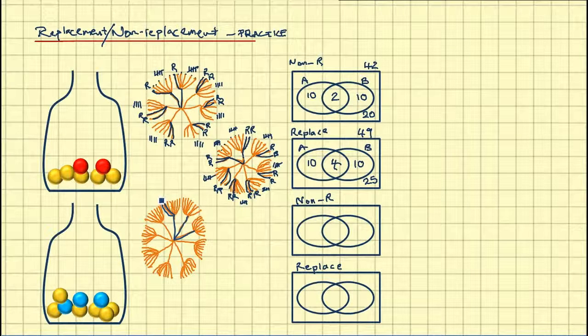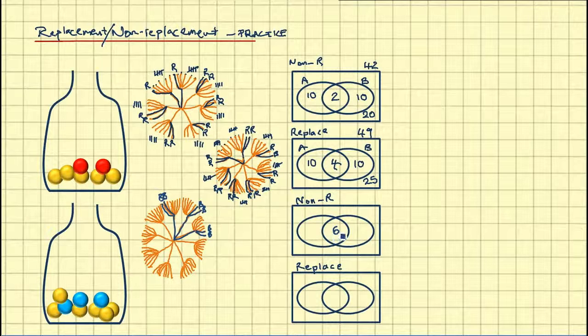So where we've got a favourable outcome, blue, blue, then 2 here, blue, blue, and 2 here, blue, blue. So 2 add 2 add 2 makes 6, so we've got 6 now in our overlap region.